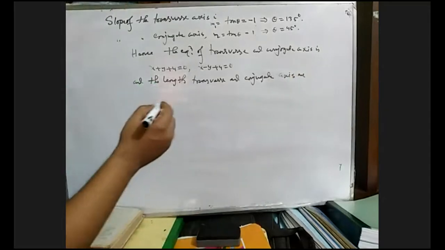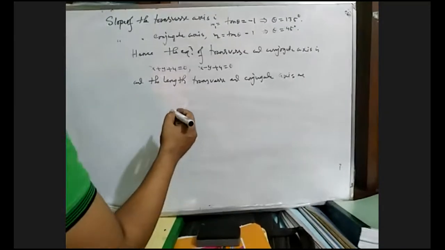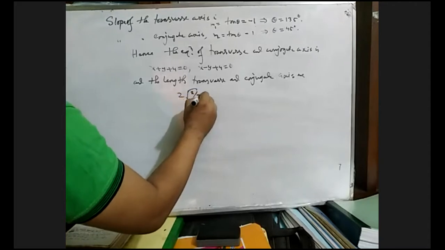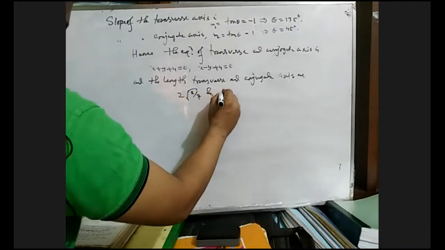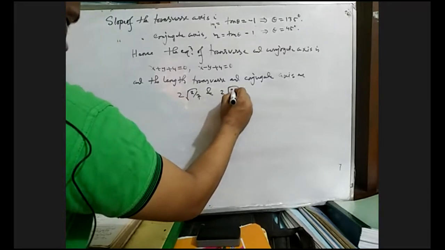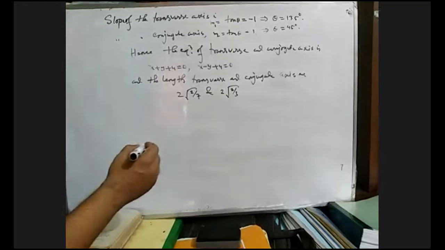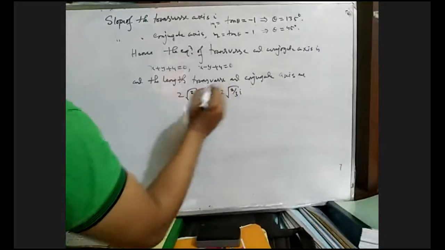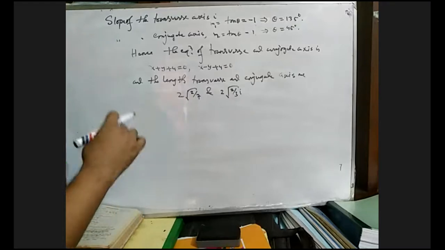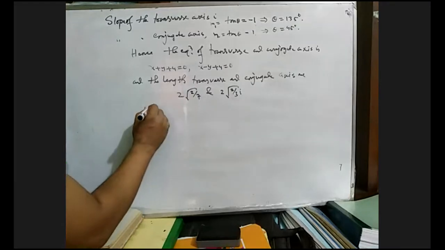The lengths of the transverse and conjugate axis are 2 root over 2 by 7 and 2 root over 2 by 3. Okay, so the direction, what will be? Direction means slope.